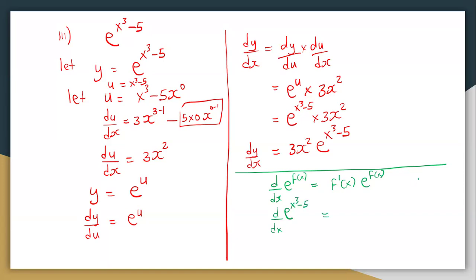Our f(x) is the power, which is x cubed minus 5. So when you get f prime of x, you end up with 3x squared. So here we shall have 3x squared, then write back our original function, e^(x cubed minus 5). So that is the second way you can approach.